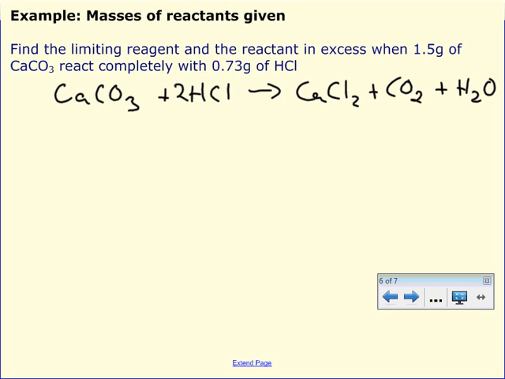So I want to find the number of moles of calcium carbonate. Well, it's going to be the mass over the molar mass, which is 1.5 grams over the molar mass of calcium carbonate, which I do have to figure out. So calcium is 40 plus 12 plus 16 times 3.